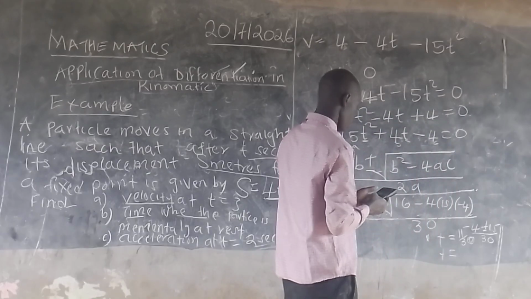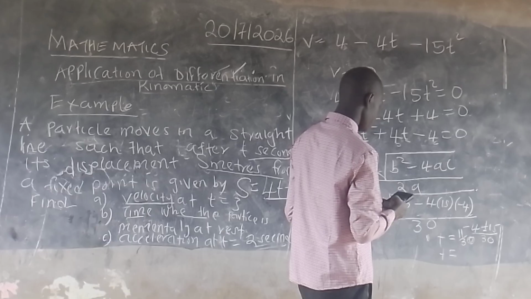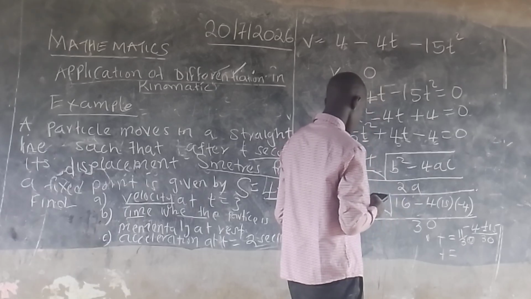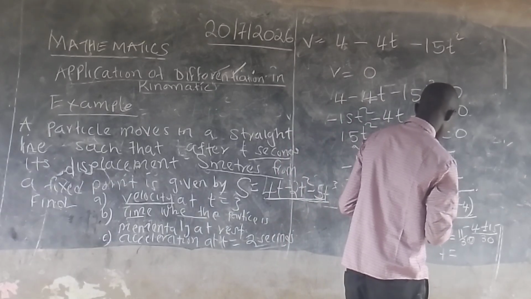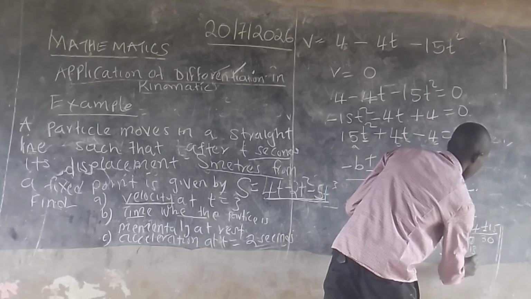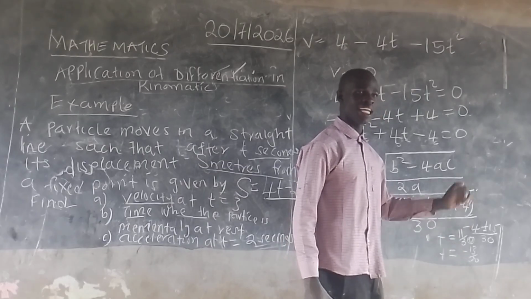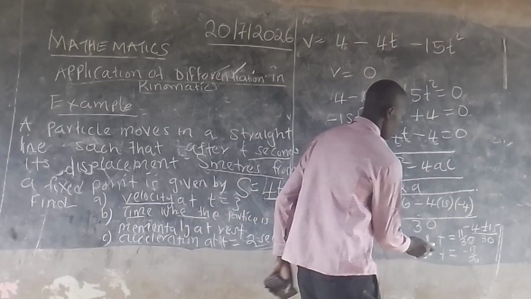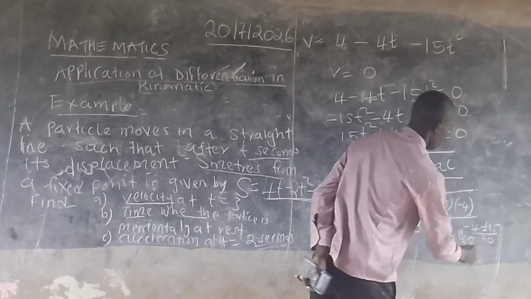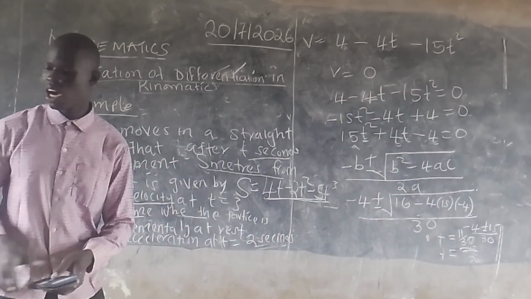Then the second one we have negative 4 minus 16 divided by 30, so you get a negative answer. So students, time cannot be negative, so we neglect the negative and we remain with the positive value of time. So that's how we do it.